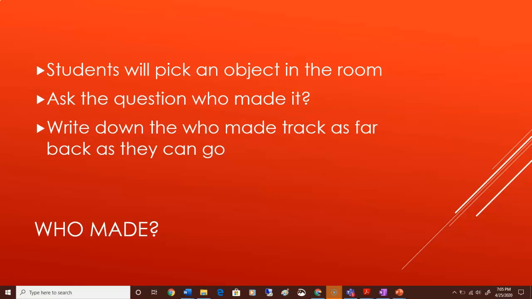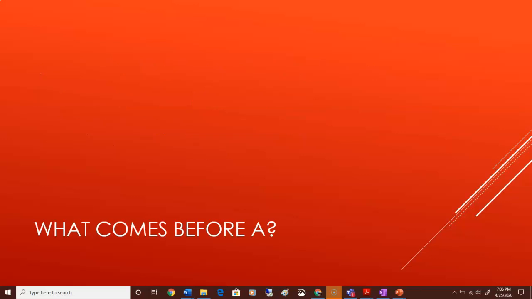Most people can get to about 6-7 steps unless they start going, and his parents, and his parents, and just rattling on and on. So if you think about the alphabet, you're starting at Z, you go to Y, X, W, V, U, T, S, R, Q, P, O, N, M, L, K, J, I, H, G, F, E, D, C, B, A. What comes before A?